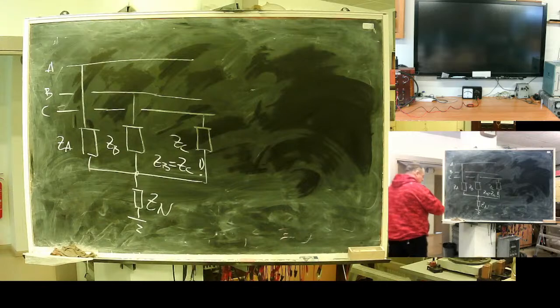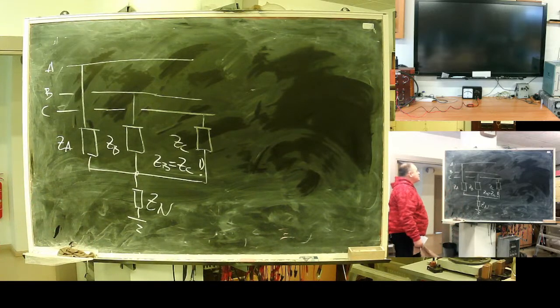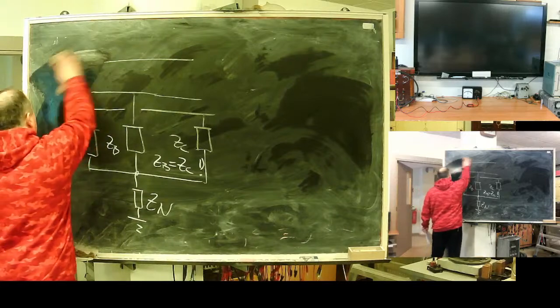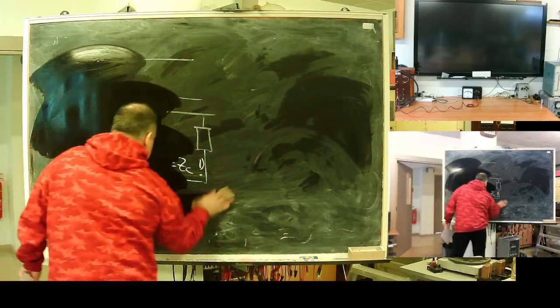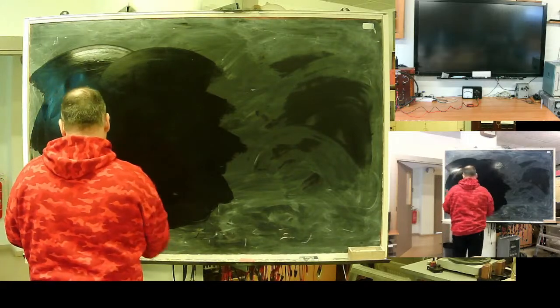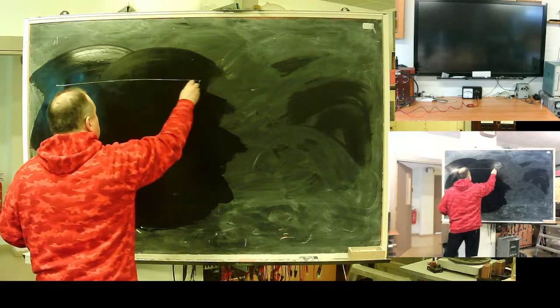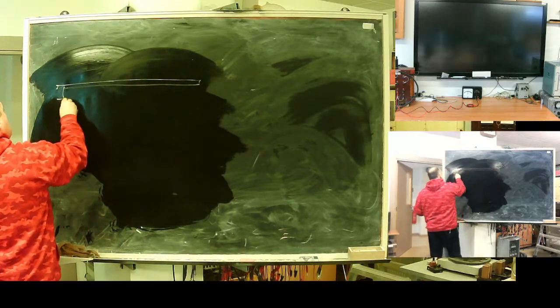So, a network representing this asymmetric star. Ground point.